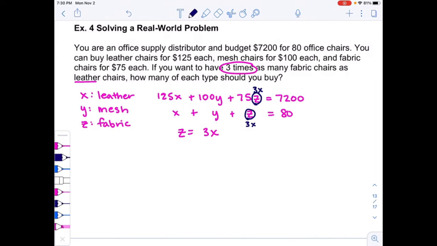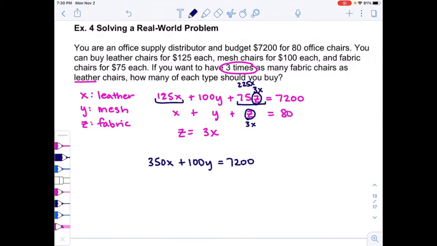So if I have a 75 times 3x, that's 225x. And I have 125x. So let's see, 200, 350. So we'd have a 350x plus that 100y is equal to our 7,200.